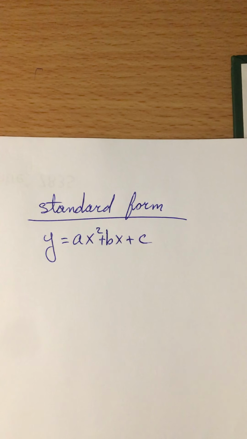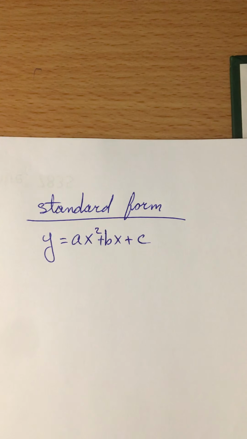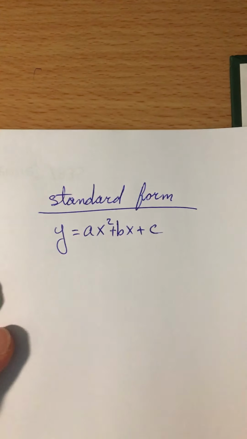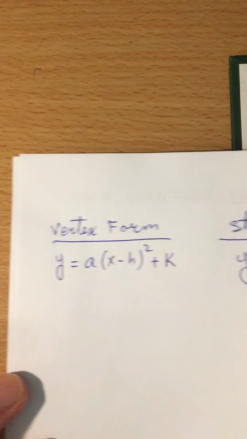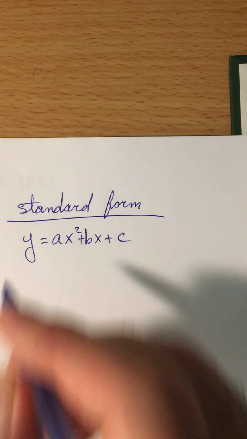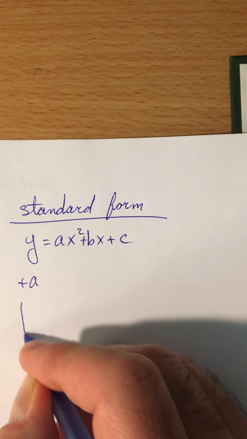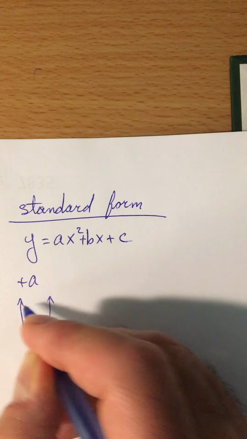I'm going to concentrate a little bit on the standard form. Again, for both of these forms, whether vertex form or standard form, if your a is positive, your parabola opens up.